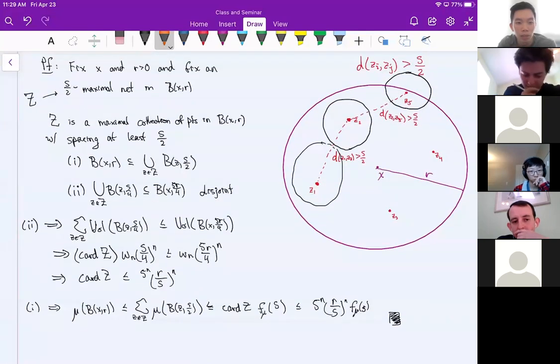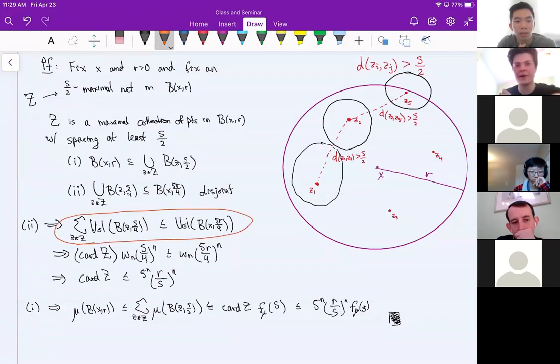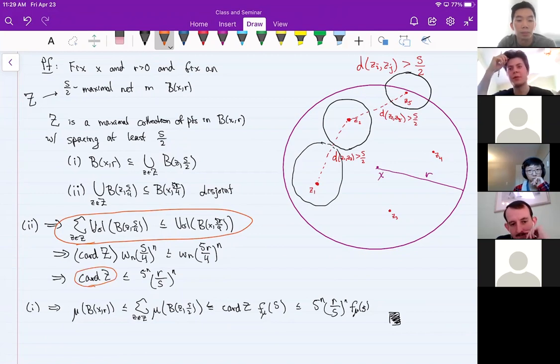Isn't that only for Lebesgue measure? Yeah. So this line right here, I'm using Lebesgue measure. But that only comes into play in order to prove the fact that the cardinality of a maximal net is bounded above. Oh, okay. So what I'm really using is the geometry of Rn, the fact that I can only fit so many balls of a smaller size into a ball of a larger size. Does that make sense? Cool. Yeah. All right.